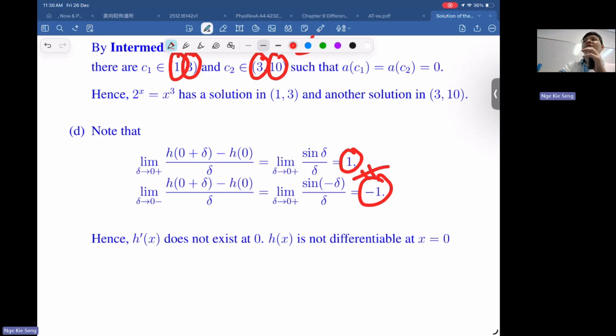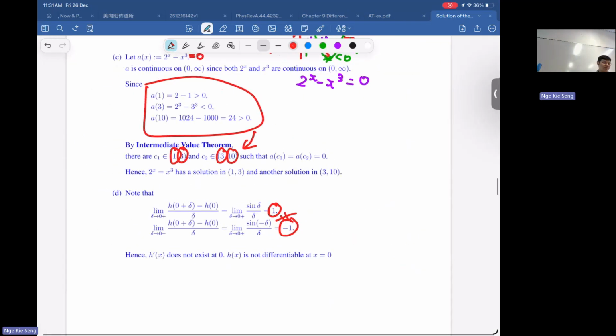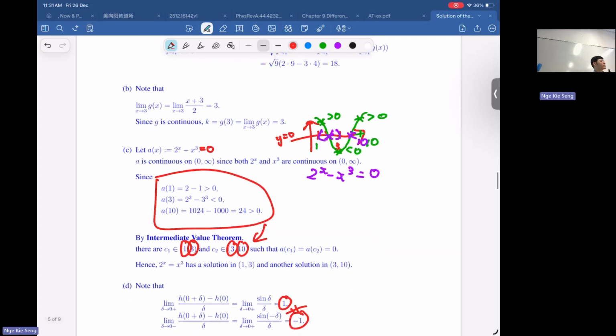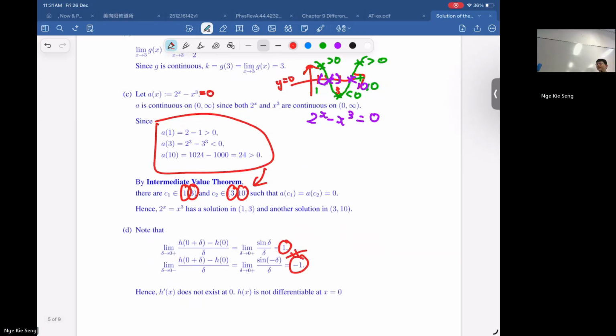Are you guys doing okay or not? This part. Okay, any question that you want me to go through again, the solution? Which part you want me to go through? You get 0. Okay, later you come to me. You can keep it and then come to me later. How about the rest?